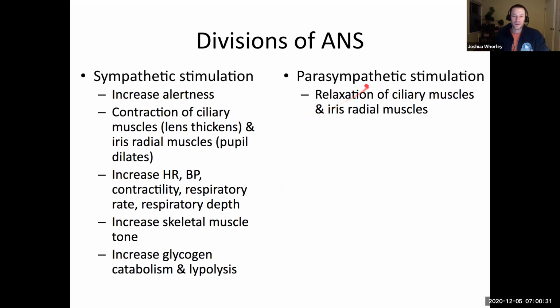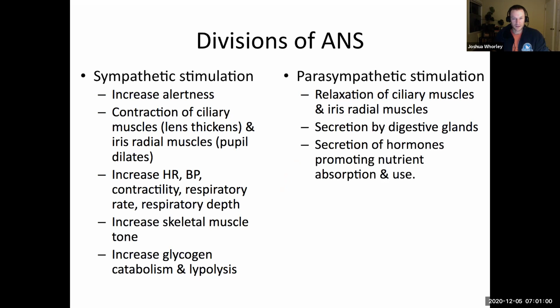Also, your iris or your pupil tends to get smaller as your iris muscles relax and make that pupil shrink. You get secretion from digestive glands, right? So this portion of your nervous system is definitely turned on when you eat, and you start secreting saliva and hydrochloric acid into your stomach and a variety of digestive enzymes.